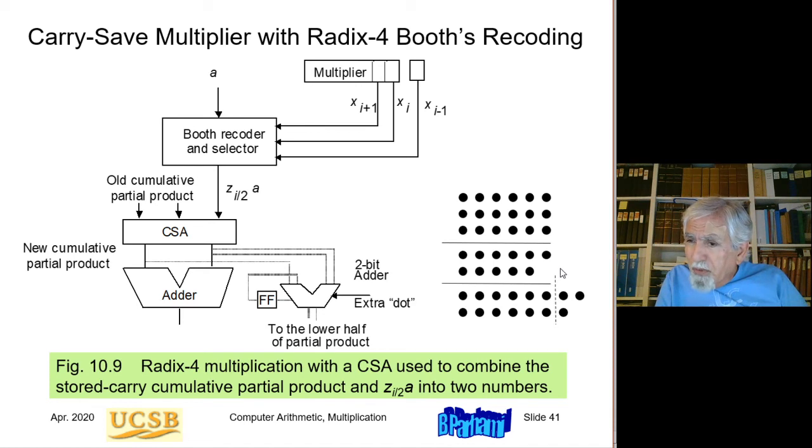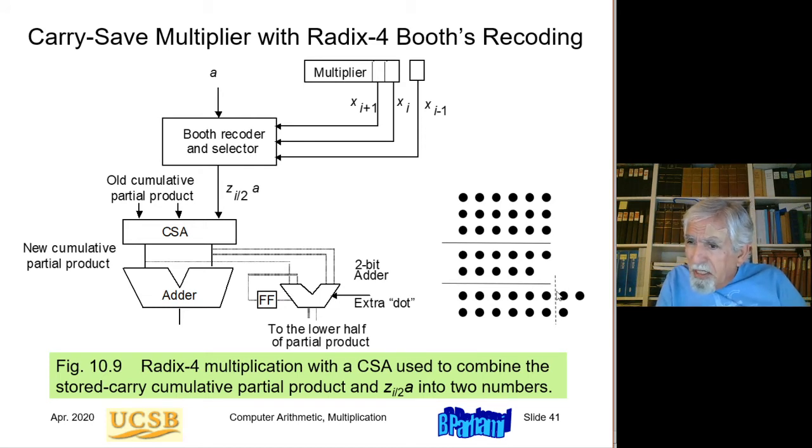When I shift to the right by 2 bits, this bit creates no problem because it's single and it just goes to the lower half. But these 2 bits in the next position create a problem because the lower half is supposed to be just plain binary. I don't want to have carry save there. So these 2 bits cannot directly move into the lower half. I need to do something about it.